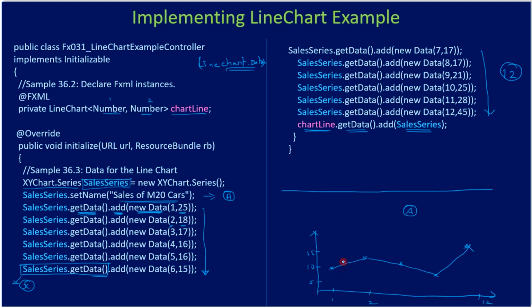A line chart can have multiple series. So this is M20 car, and you can put Mac 4 car, and that will have different data points on the same line, right?